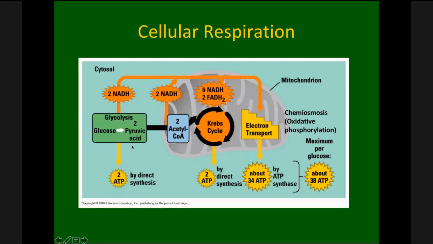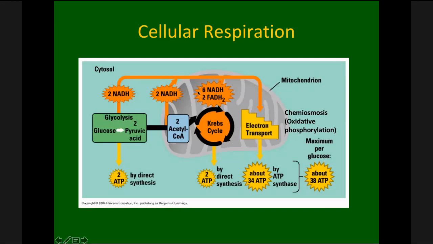That pyruvic acid is going to get transformed to make it permeable to the phospholipid membrane of the mitochondria. So here you can see it's still the 2 3-carbon sugars. Now we call it acetyl-CoA. And those 2 3-carbon sugars are going to each be run through the Krebs cycle, where they're going to get chopped. All their hydrogen is going to get removed and attached either to the NADH or the FADH2.